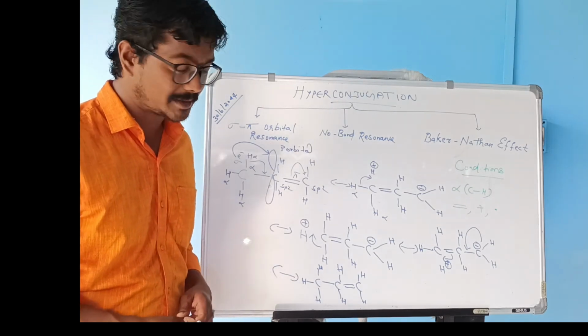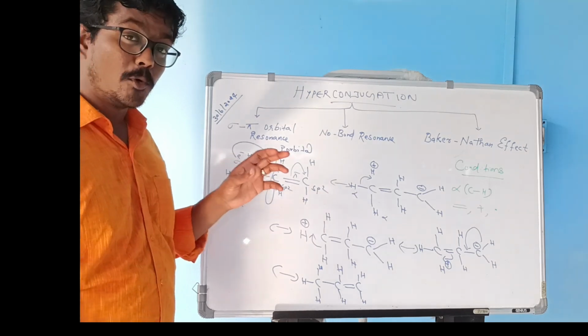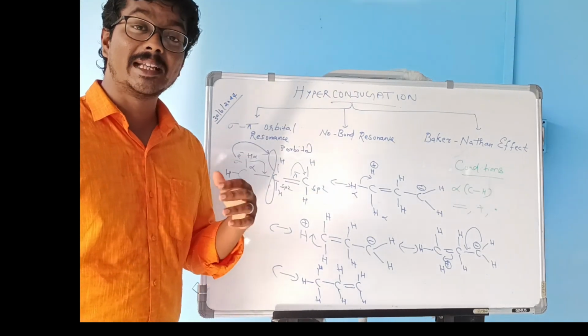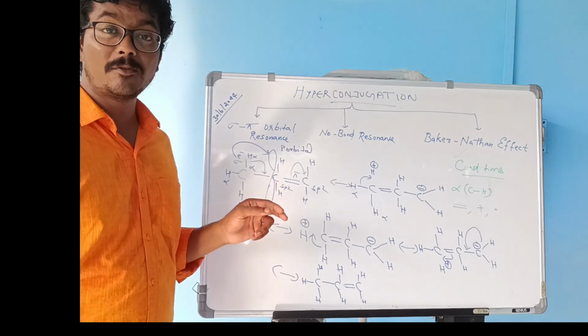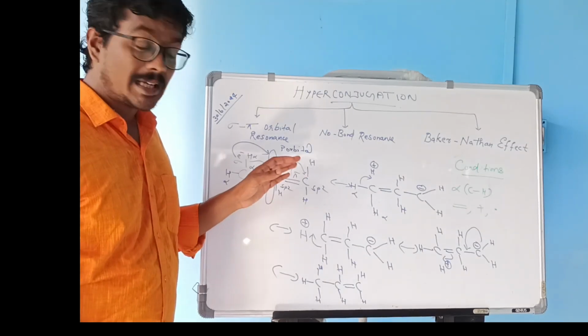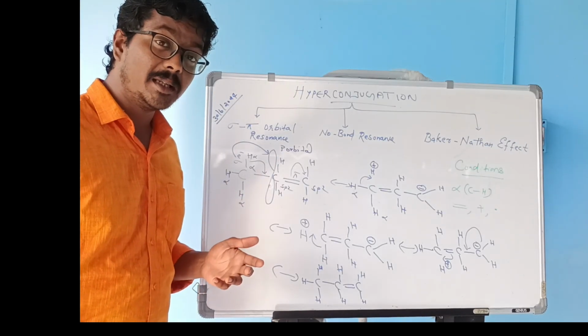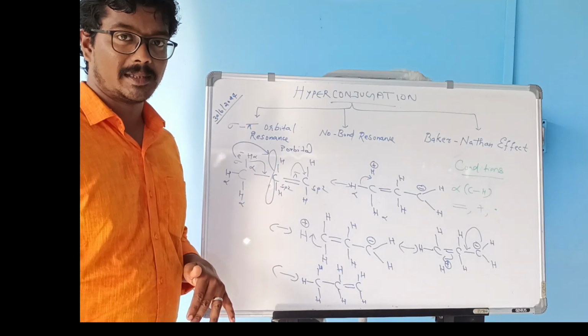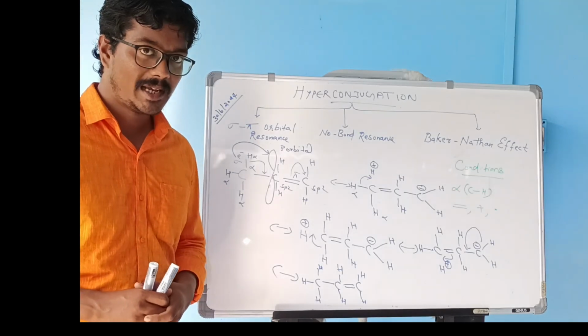So we can say hyperconjugation is the movement, shifting or delocalization of sigma electrons of the alpha carbon-hydrogen bond to the adjacent vacant or partially filled p orbital. Let me repeat.